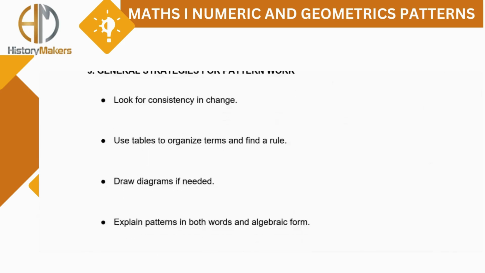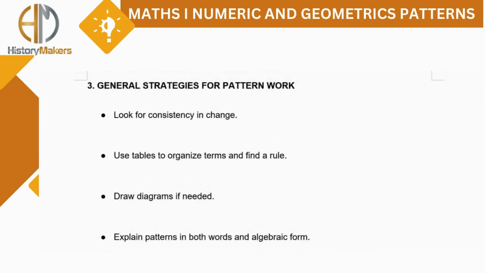So here are general strategies for pattern work. This is how you can find the Tn or the sequence or the rule that the pattern follows. So firstly, you look for consistency in change.